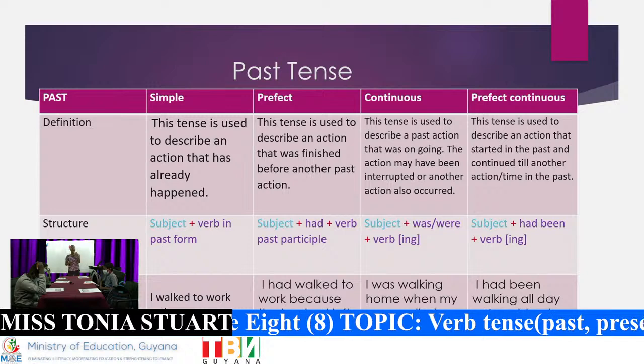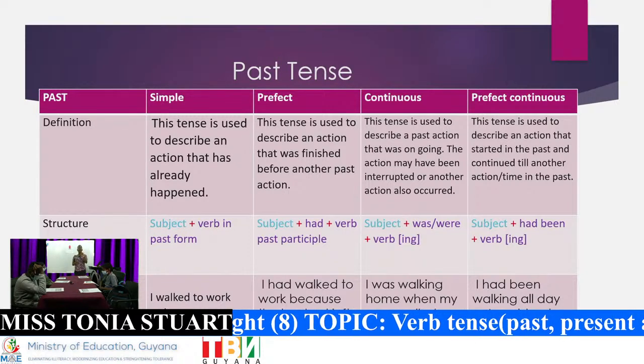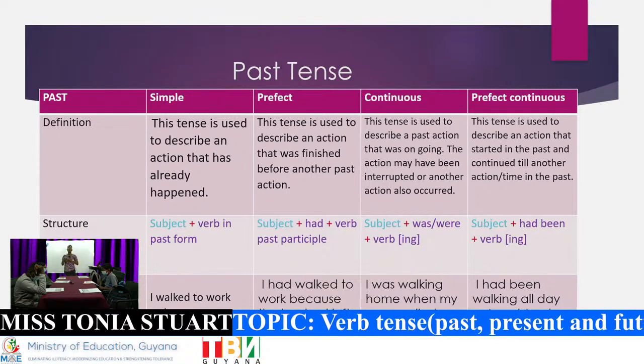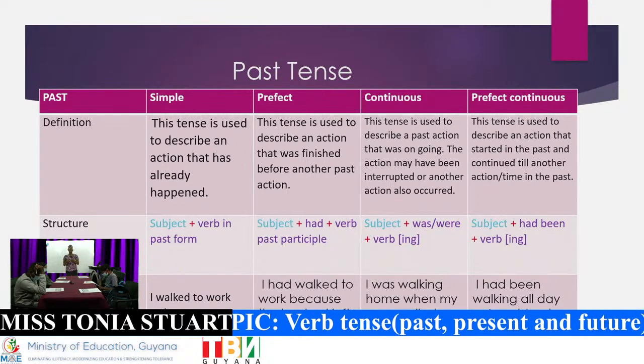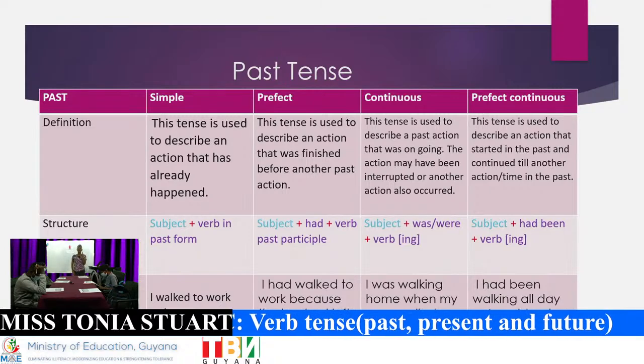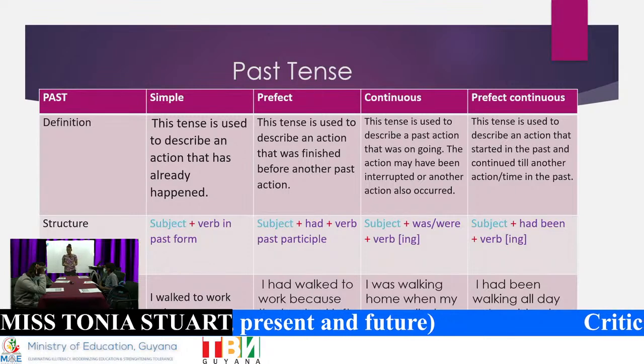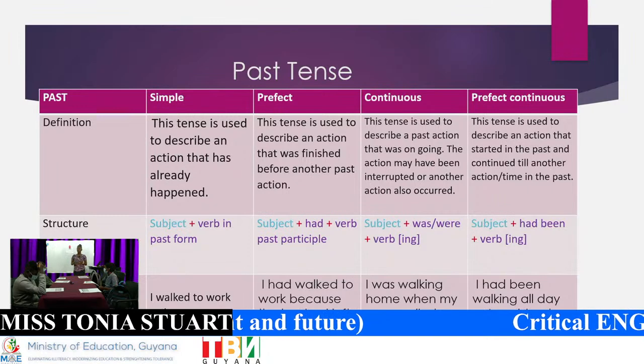Example, I was walking home when my mom called. I was walking home. So we see the use of the subject, I. We have the verb, was or were. And in this case, of course, because we're saying I, it would be was. And the verb ending in ing, walking.